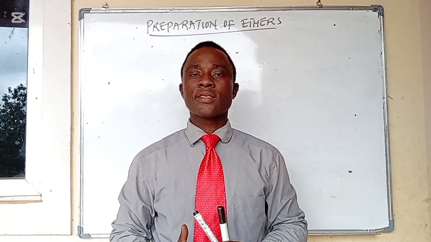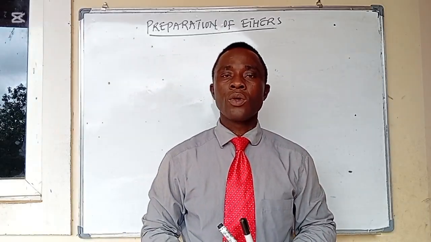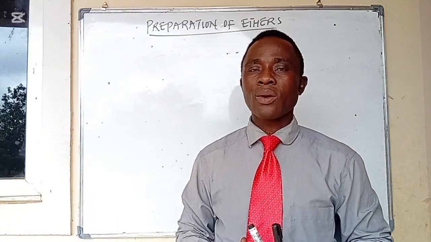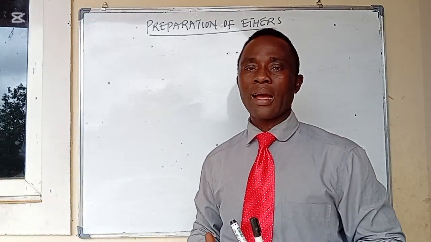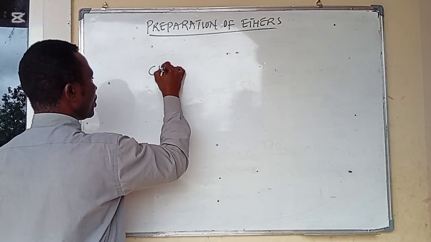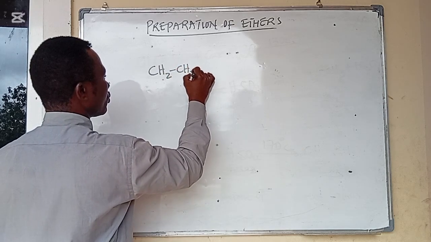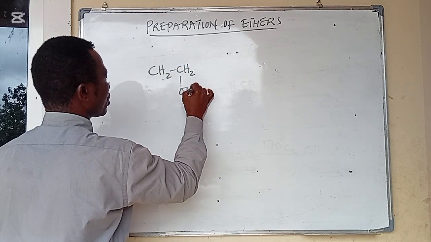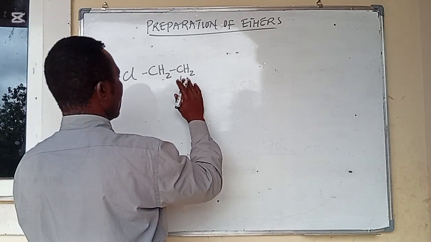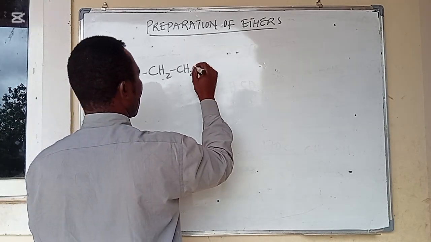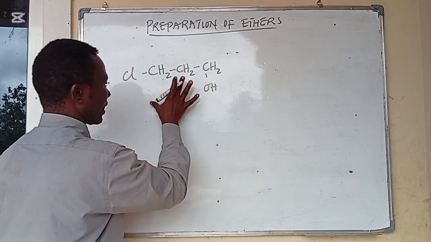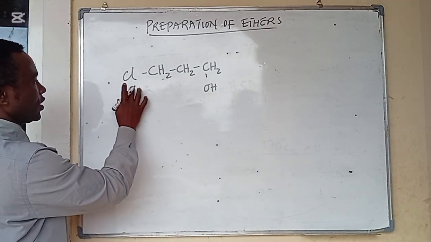Now if we want to get cyclic ether, we get cyclic ether by intramolecular Williamson ether synthesis. Now if we have CH2, CH2, OH, and we have Cl here. Sorry, let me extend because we need 3 carbon atoms. So CH2OH, minimum of 3 carbon atoms. This is Cl.